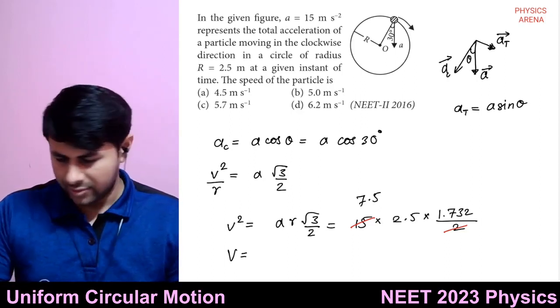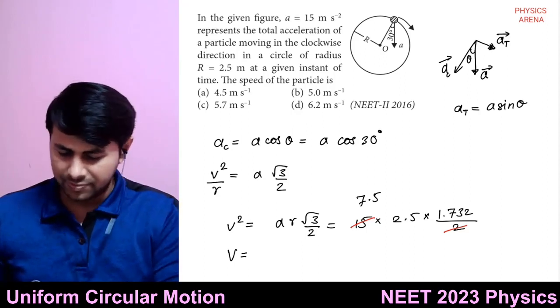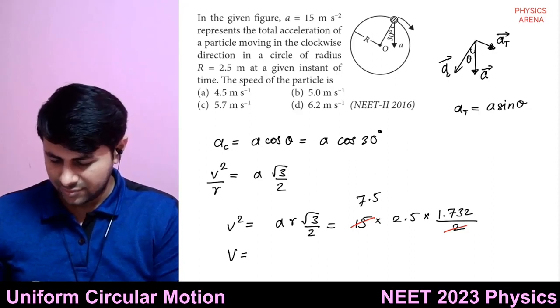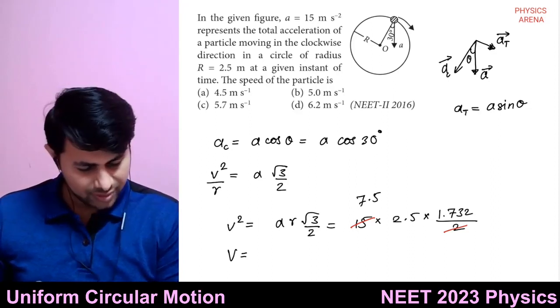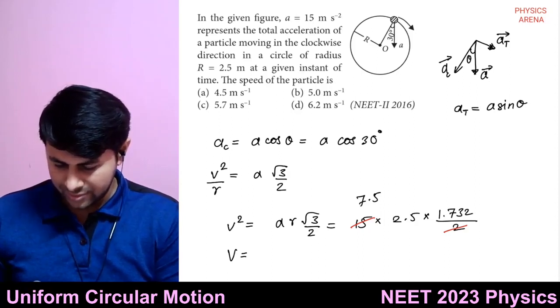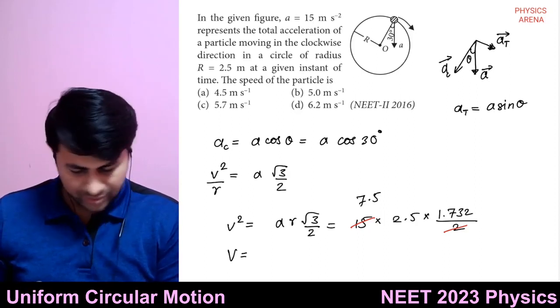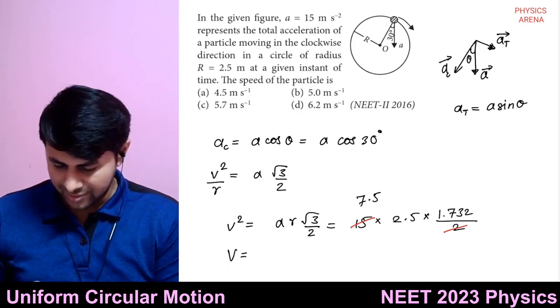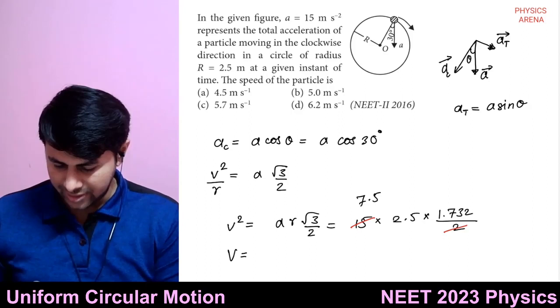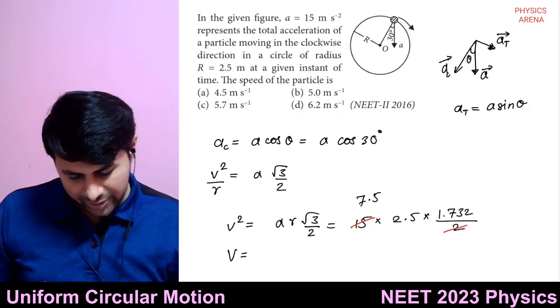Do you have a cell phone? Square root of 7.5 multiplied by square root of 2.5 multiplied by square root of 1.732 gives 5.69.